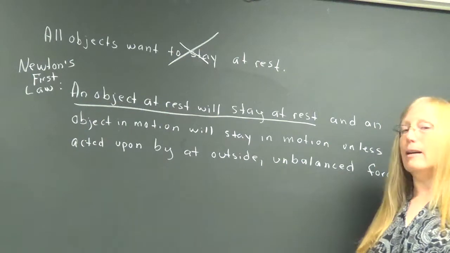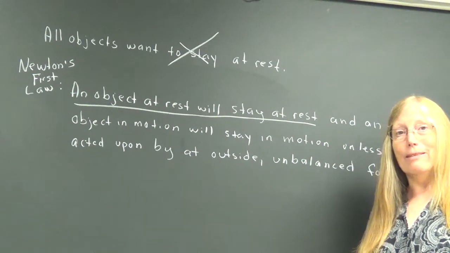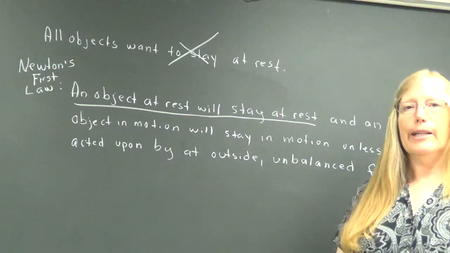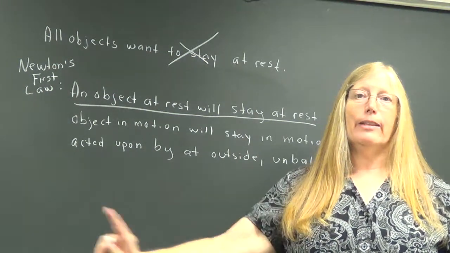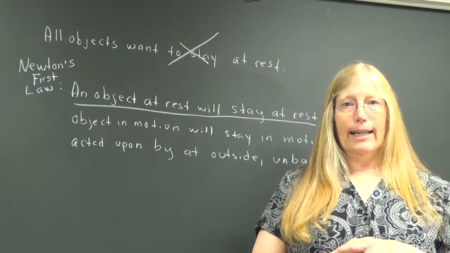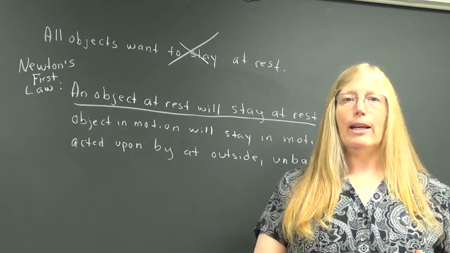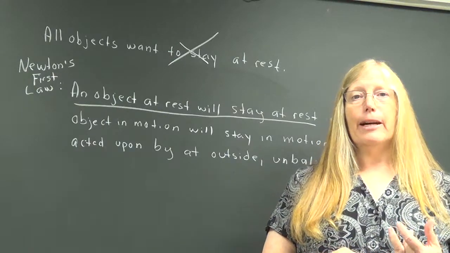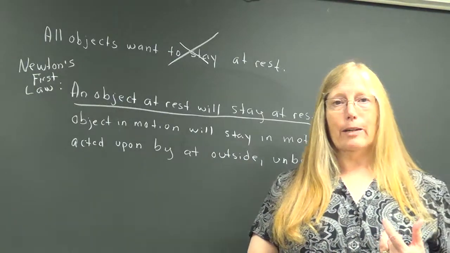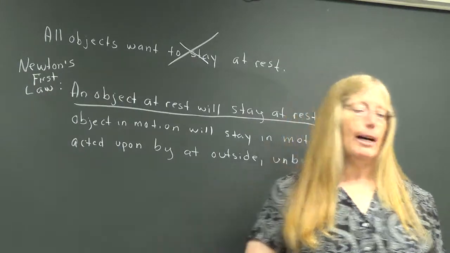They want to stay in motion unless acted upon by an unbalanced force. So why does an object that is scooting down the table come to a rest? The answer, as we know, is because there is another force at work, and that unbalanced force is the force of friction, which we'll deal with a lot in this mod.